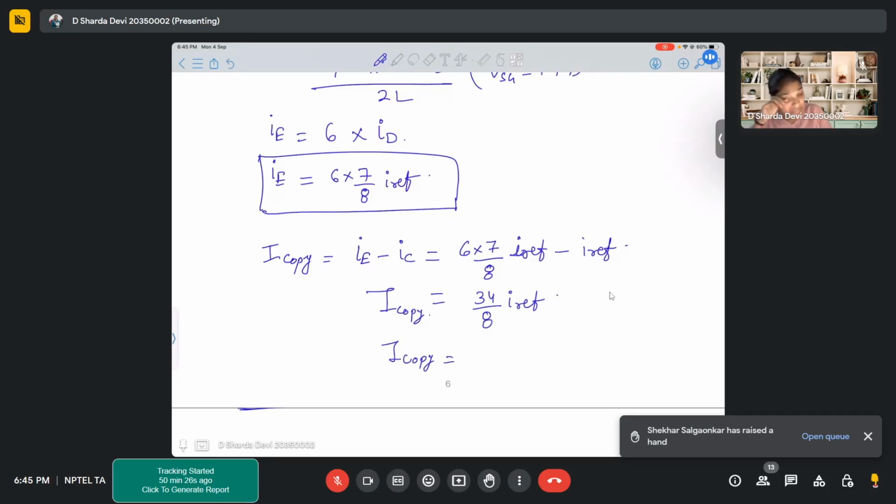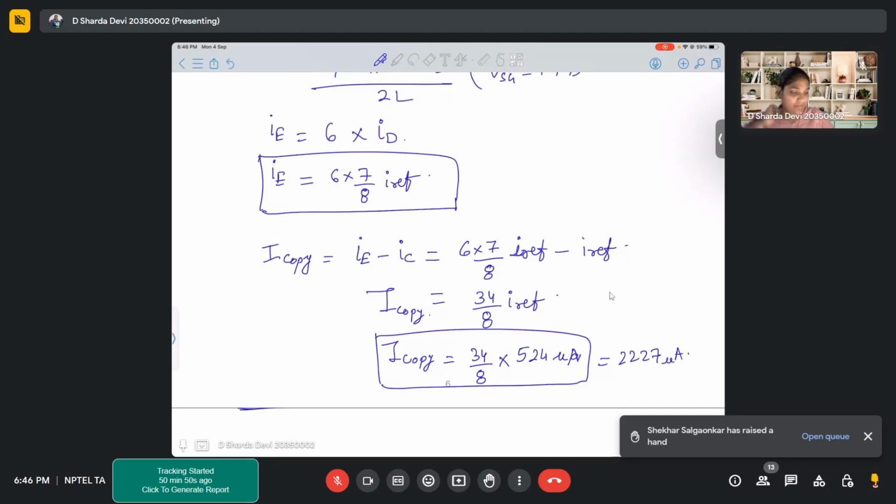So I copy is 34 by 8 into IREF, which was already given. IREF was 524 microamps, which turns out to be 2227 microamps. Any doubts in this?